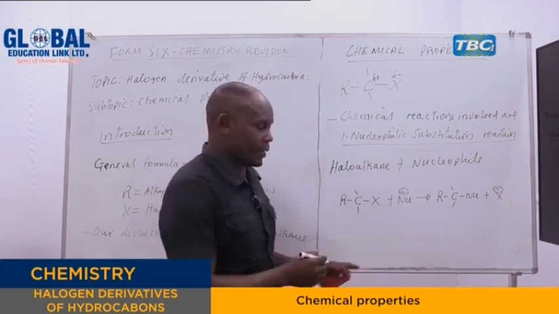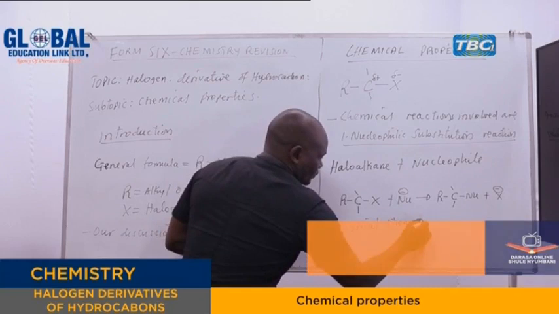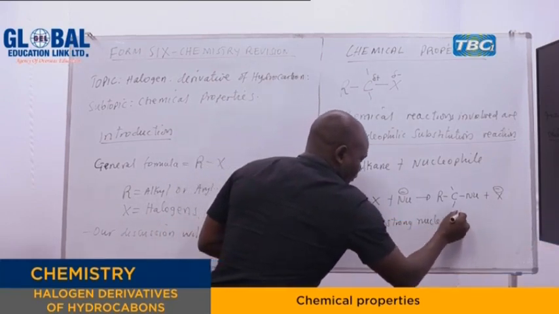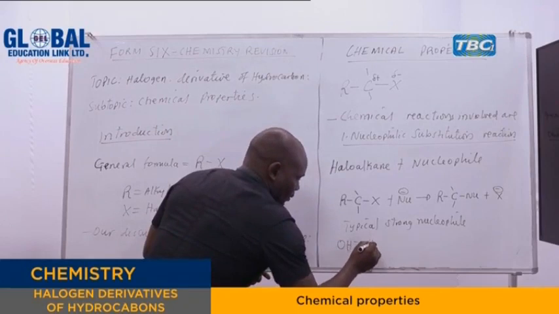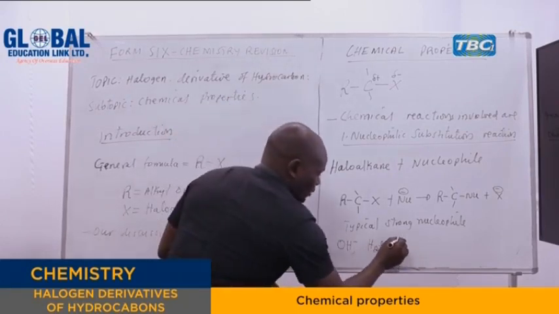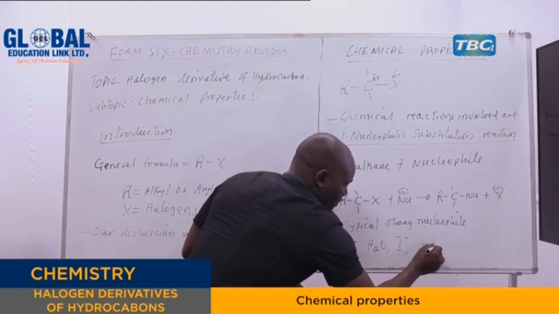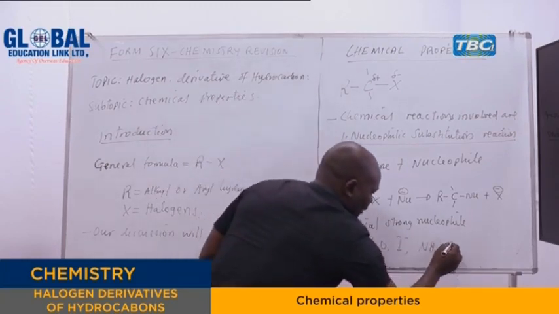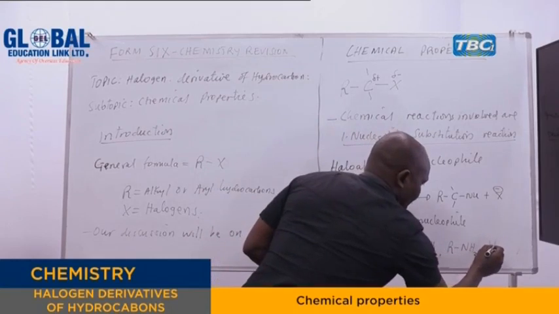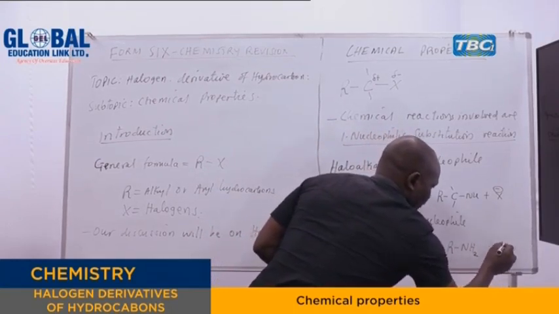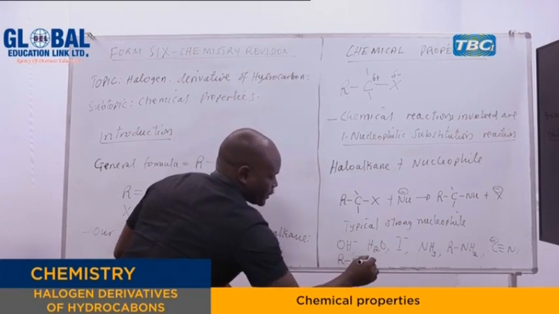The typical strong nucleophiles are: we have the hydroxide ions, we have water, we have iodide that can be released by sodium iodide, we have ammonia, we also have amines, we have nitrile, we have alkoxide ions, and so on.